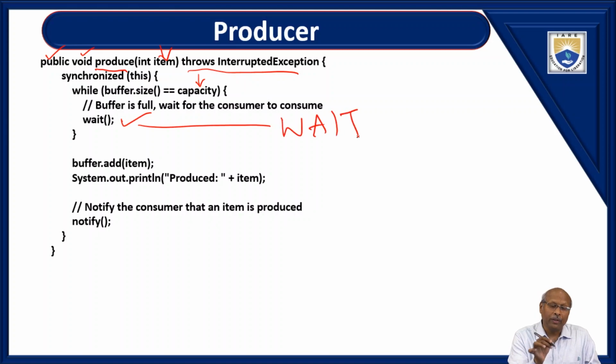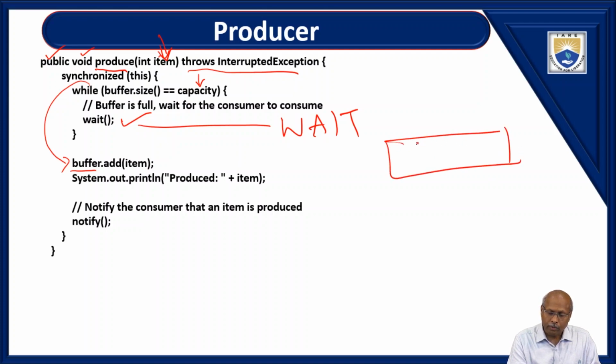If it is not full, that means if the size and the capacity are not equal, then the loop will stop. Here, I will add the item. Whatever item I am sending, I will add to the buffer. Initially, of course, my buffer is empty. Here, assume my item is 3. So 3 will be stored here. After storing, now the producer says, yes, the item is kept in the buffer.